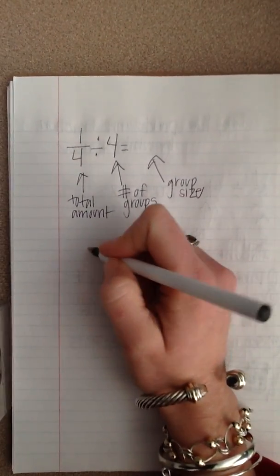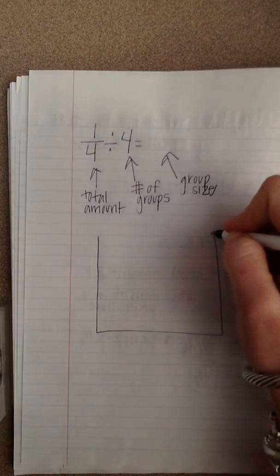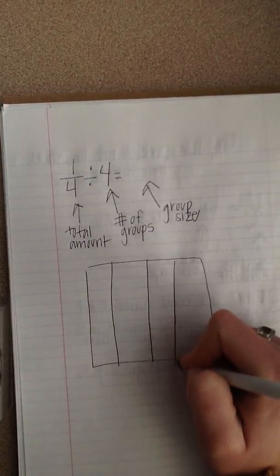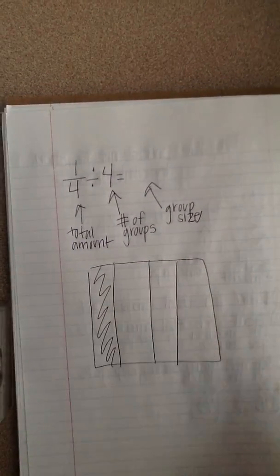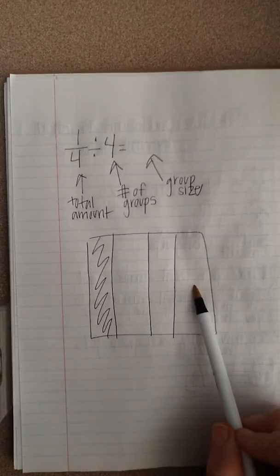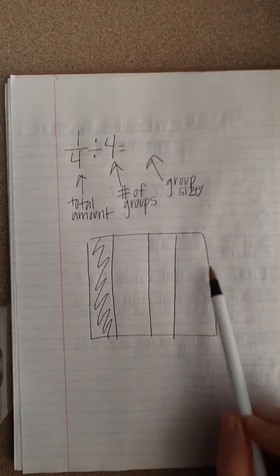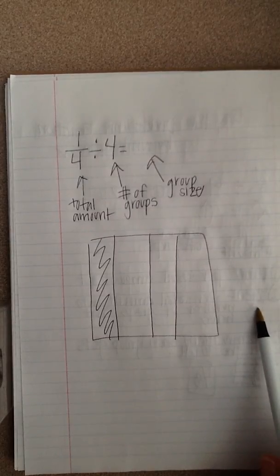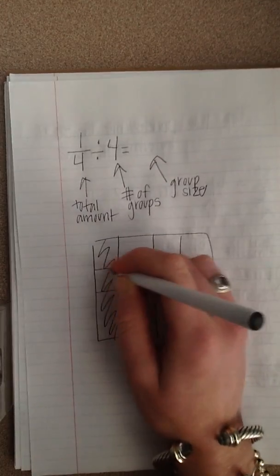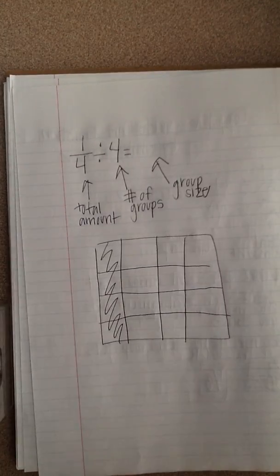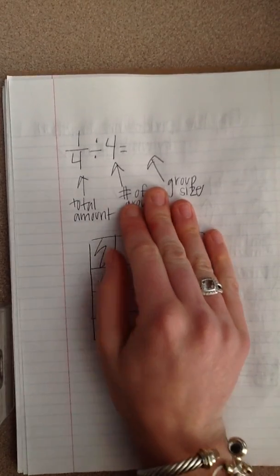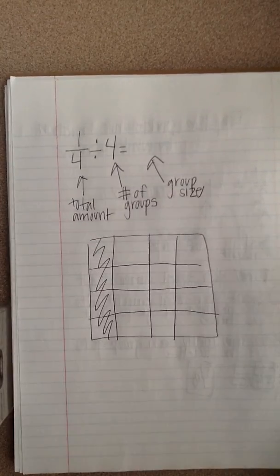So just like before, I'm going to draw my total amount out. So I colored in 1/4. Here's 1 of the total 2, 3, 4. Now what I'm going to do is break my total amount, my total picture, into my number of groups. So if you look now, I have divided my 1/4 into 1, 2, 3, 4 different pieces.